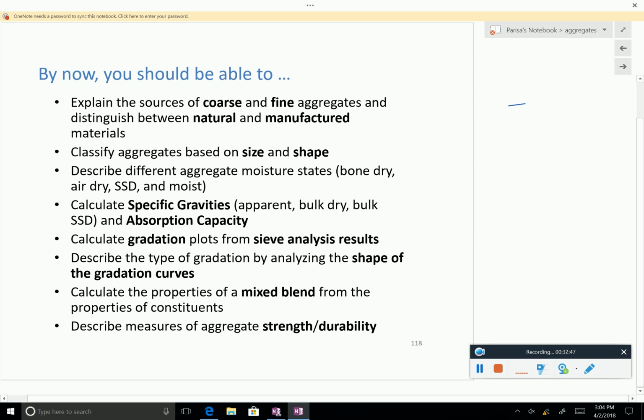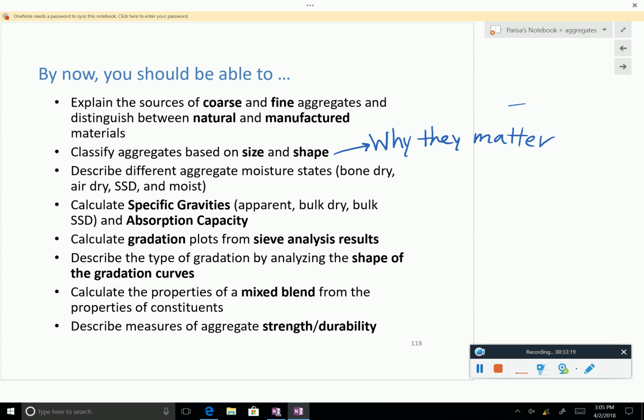take them into account. So now, to summarize aggregates, what you need to know from everything you have learned is the difference between coarse and fine, natural and manufactured materials, understanding the size and shape, and also why they matter. The homework problems are just questions, but there will always be questions from the material that you are seeing.